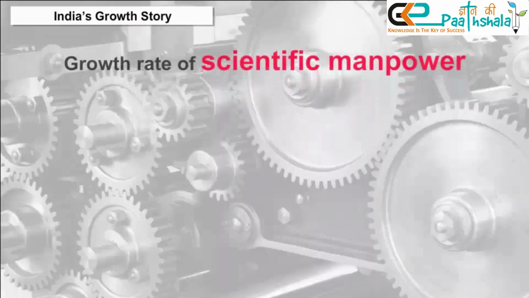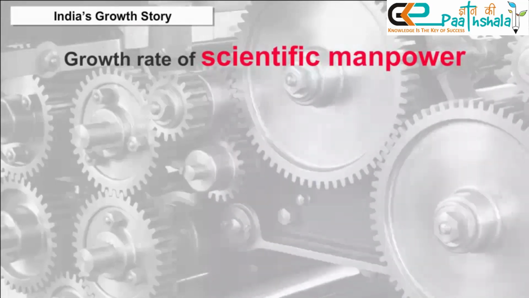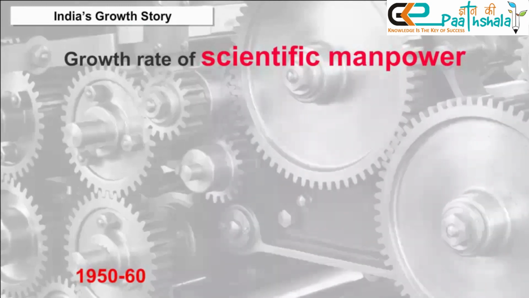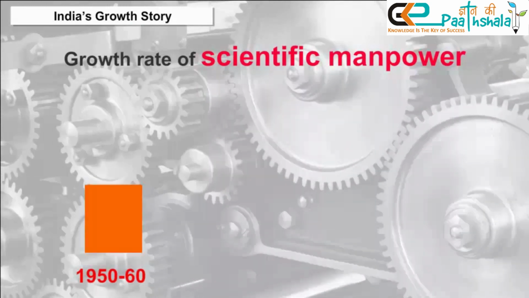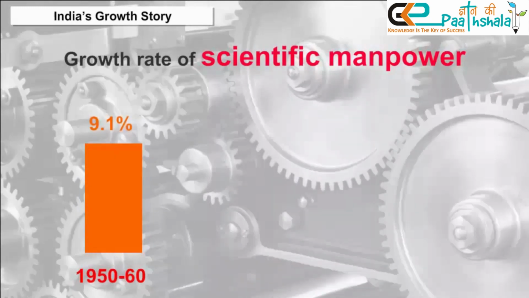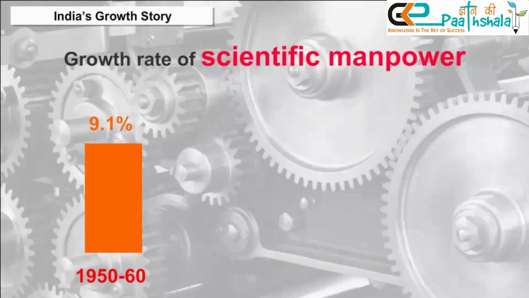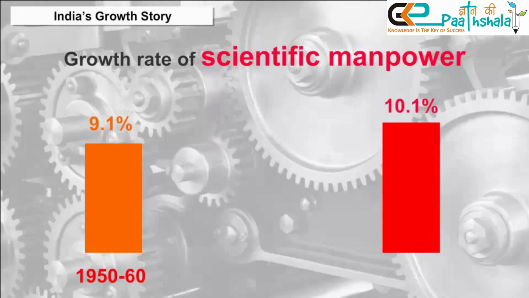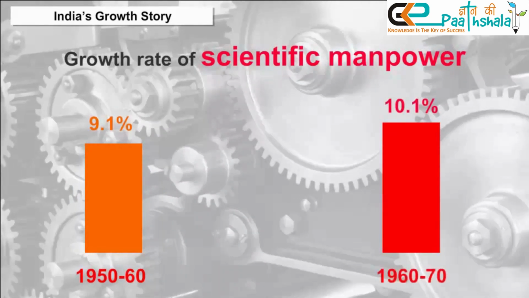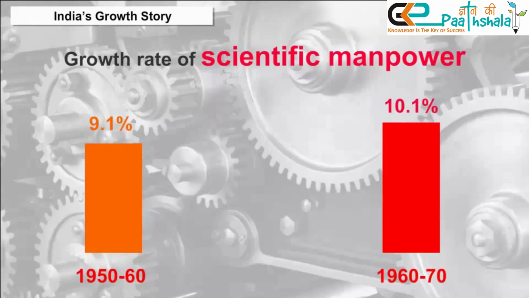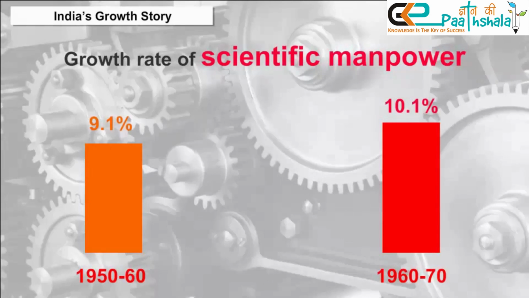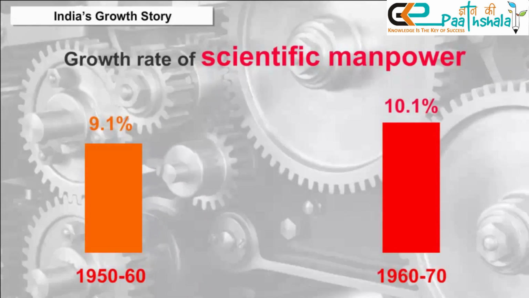Moreover, the growth rate of scientific manpower during the decade 1950-60 was 9.1% per annum, and then the same rate increased to 10.1% during the next decade, 1960-70, in which there was huge expansion of basic and heavy industries in India.